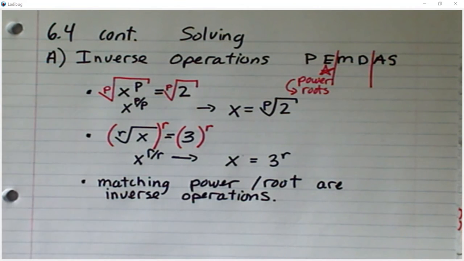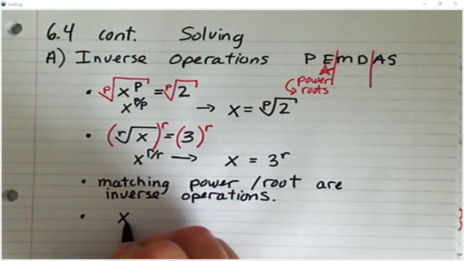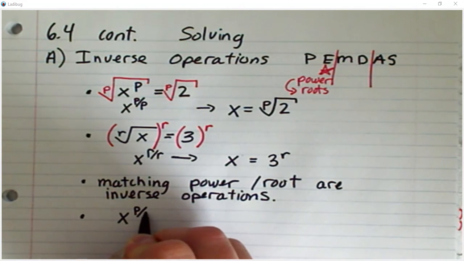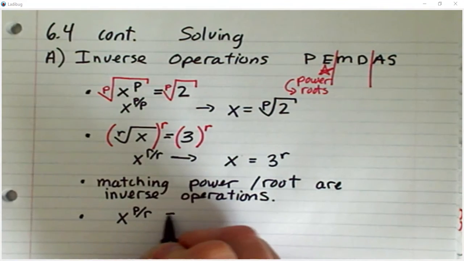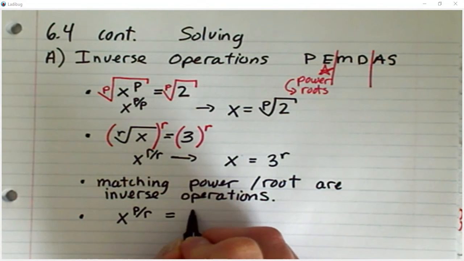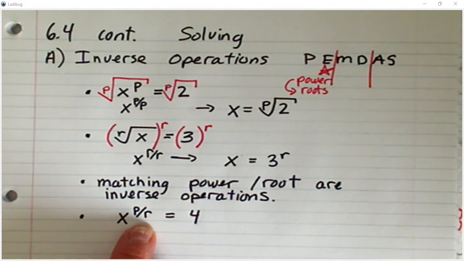Okay, now let's see if we can't extend that to x power root combination equals 4. Okay, what am I going to do in order to undo that exponent?